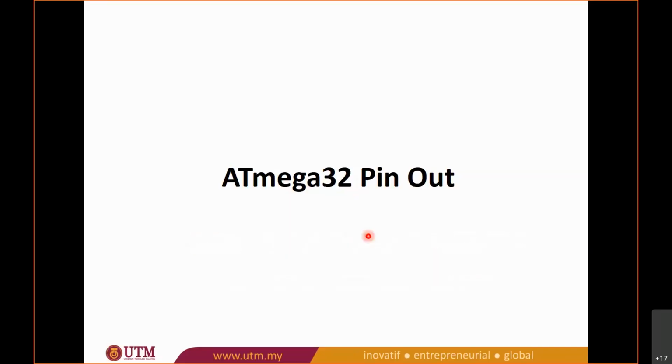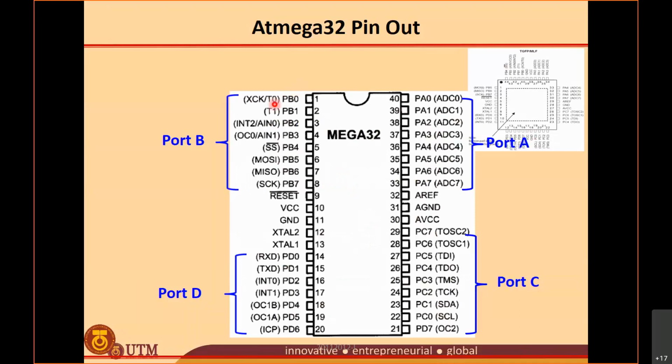So for the Atmega 32, you have port A, port B, C, and D. This is your input output port. Each of the ports here has 8 bits, so 8 plus 8 plus 8 plus 8, you will have a total of 32 input output pins. What about the rest?